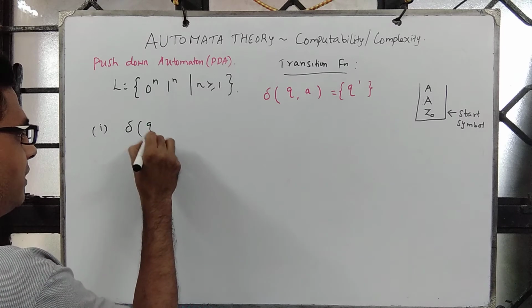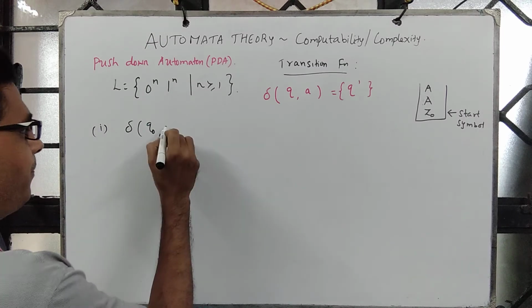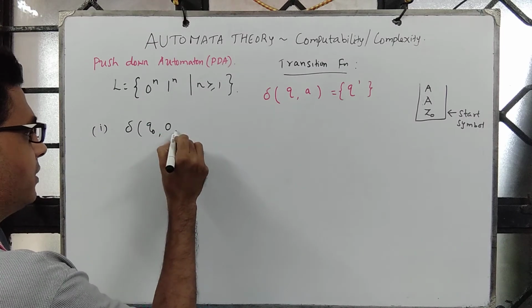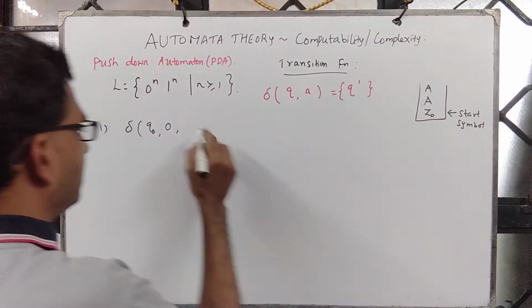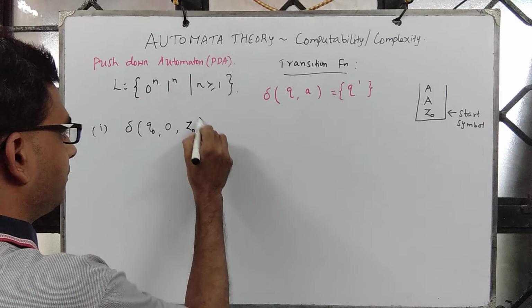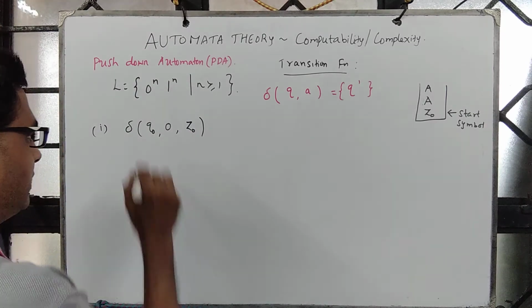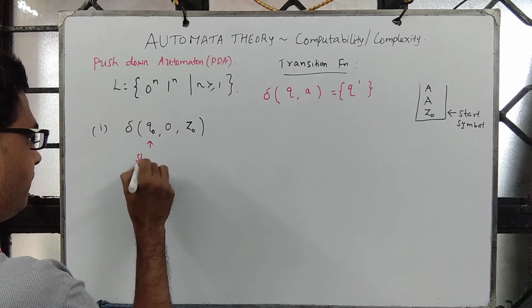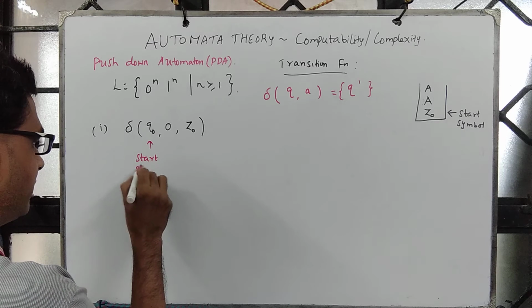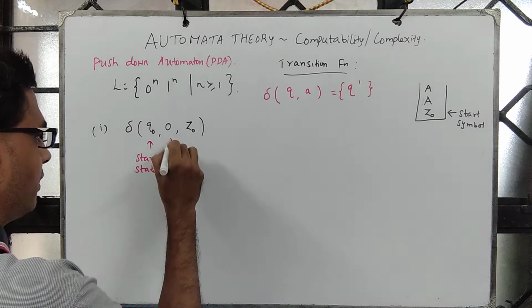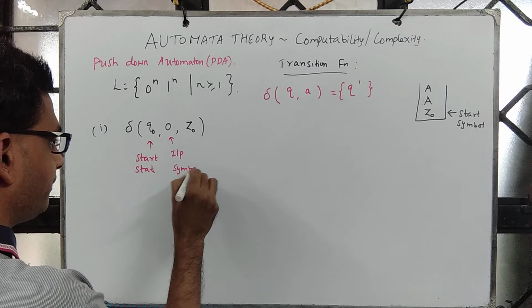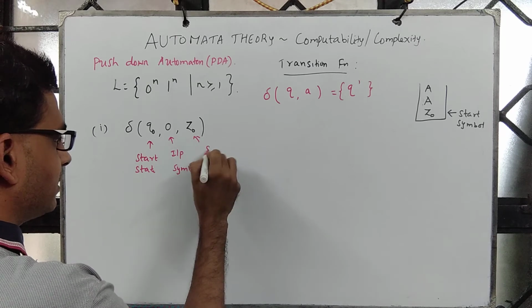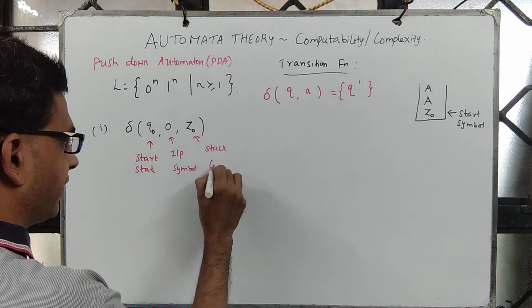To start with, we are at Q0 and we read 0, and at the start the stack top is Z0. So this is the state, in particular the start state. This is our input symbol. This one is the stack configuration.